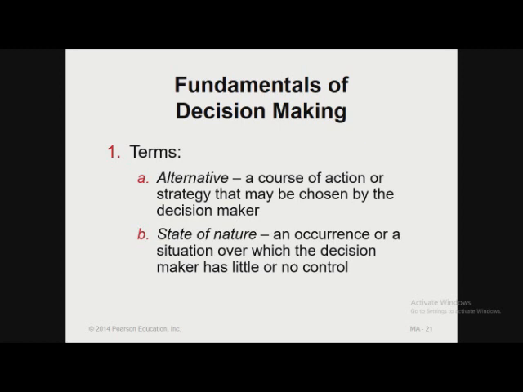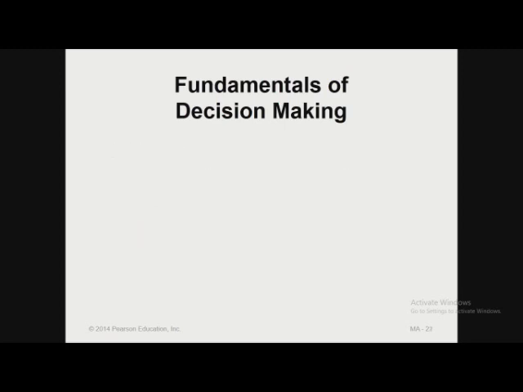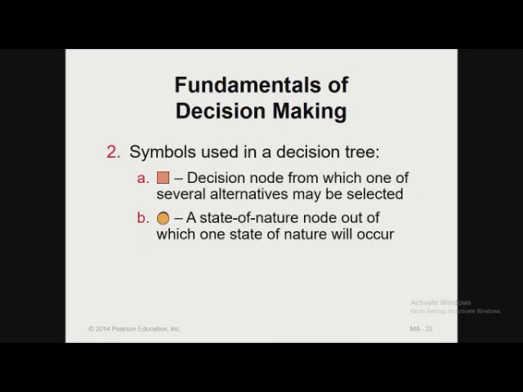So, an occurrence or a situation over which the decision maker has little or no control. So, we also have these nodes nga i-consider nato, no? So, dili ni siya pareha sa PERT, CPM, nga mga nodes. So, kindly take note nga ang square nga node diri, it actually signifies decision node. Meaning, ang branches nga mosumpay after sa square, it means that you need to decide under that.